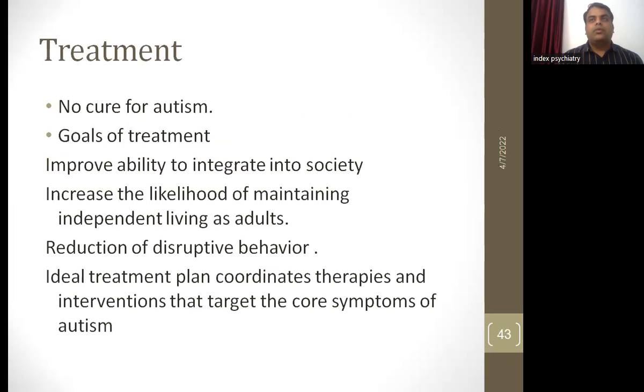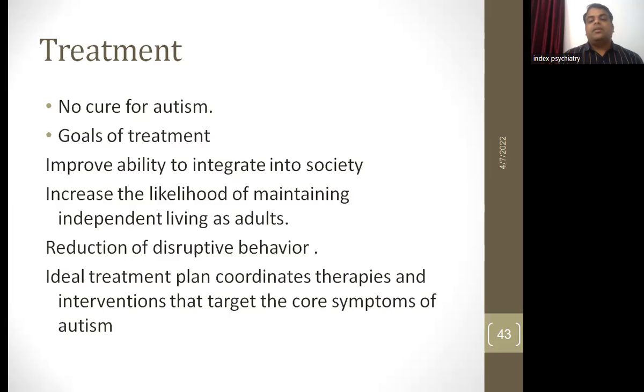Treatment-wise, there is no cure for autism. The goals of treatment are to improve ability to integrate into society, increase the likelihood of maintaining independent living, and as adults, we motivate them to live a normal life in society. Reduction of disruptive behavior.